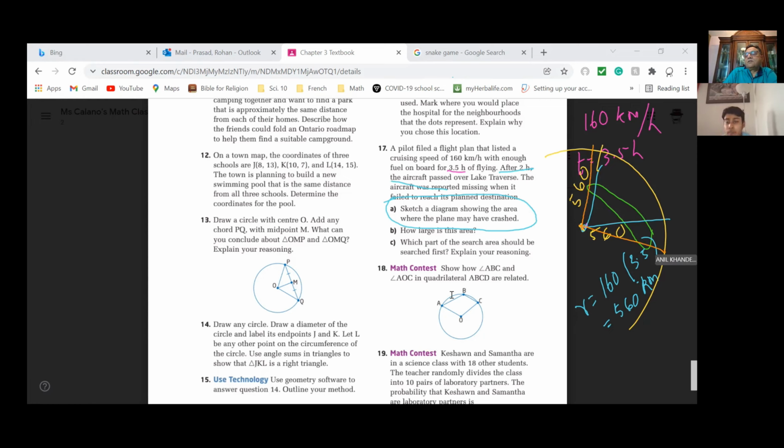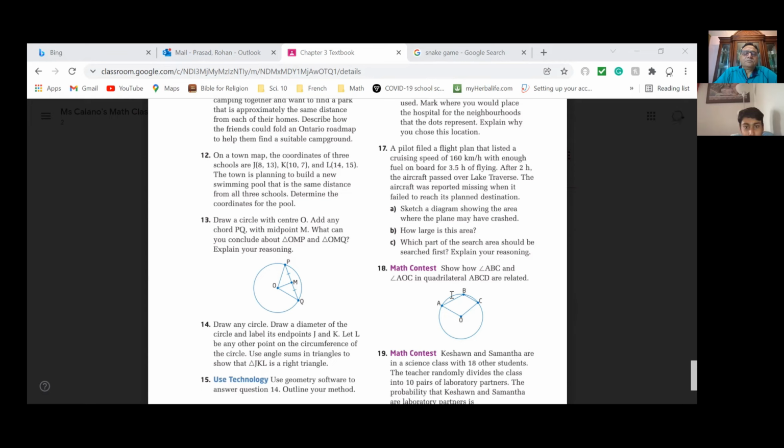Now let's take up question number 13. Draw a circle with center O, add any chord PQ with midpoint M. What can you conclude about triangle OMP and OMQ? Tell me.